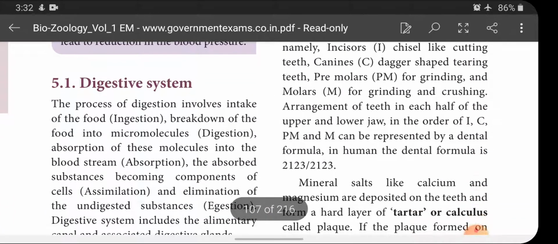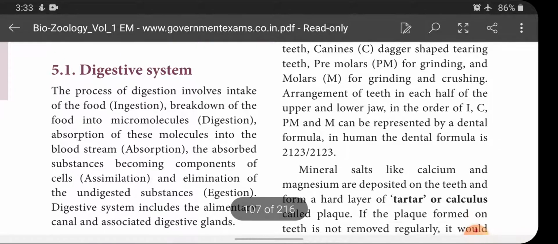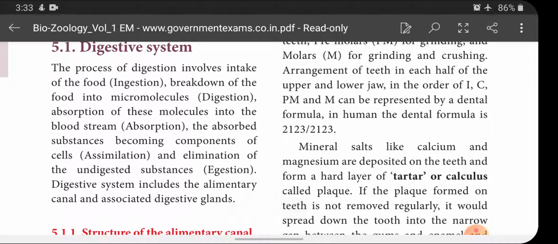Let's see about the digestive system. The process of digestion involves intake of the food, that is ingestion; breakdown of the food into micromolecules, that is digestion; absorption of these molecules into the bloodstream, that is called absorption; the absorbed food being transported to all parts of the body and forming the components of cells, and this process is called assimilation; and elimination of the undigested substance, that is called egestion.